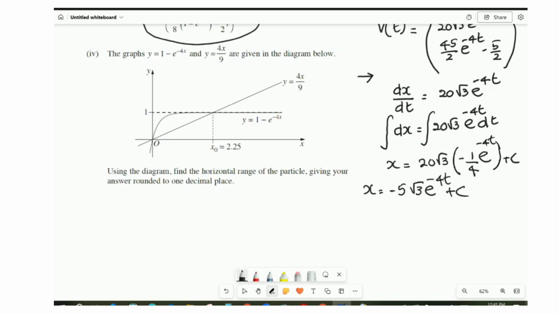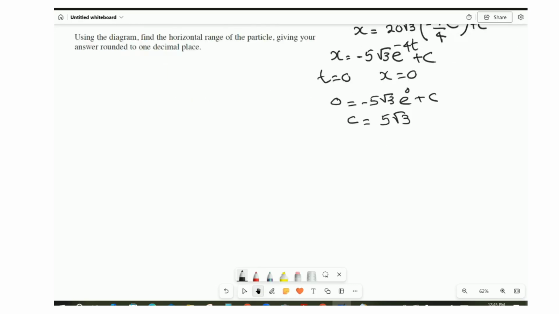Now when t is equal to 0, at the initial stage x is equal to 0, we start from the origin. So then I can say that 0 is equal to minus 5 square root of 3 e to the power 0 plus c. Therefore c is equal to 5 square root of 3.